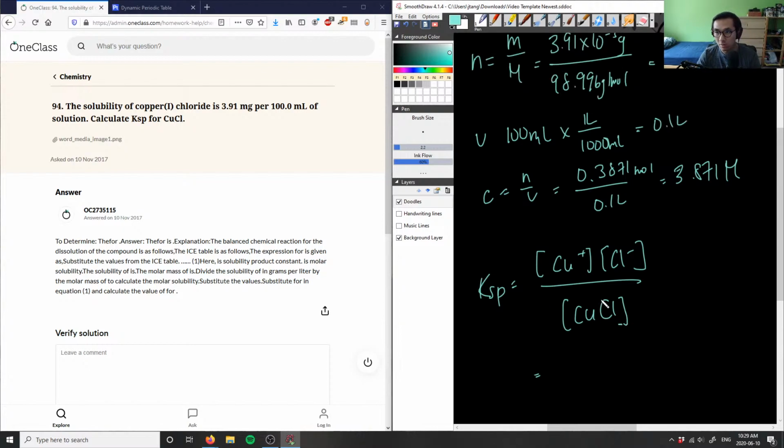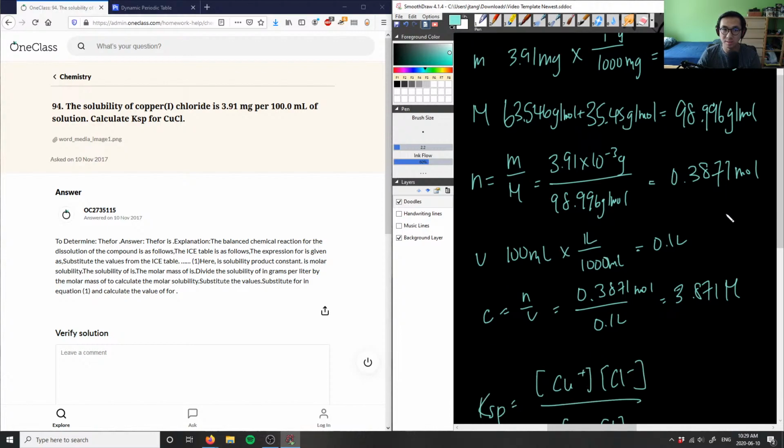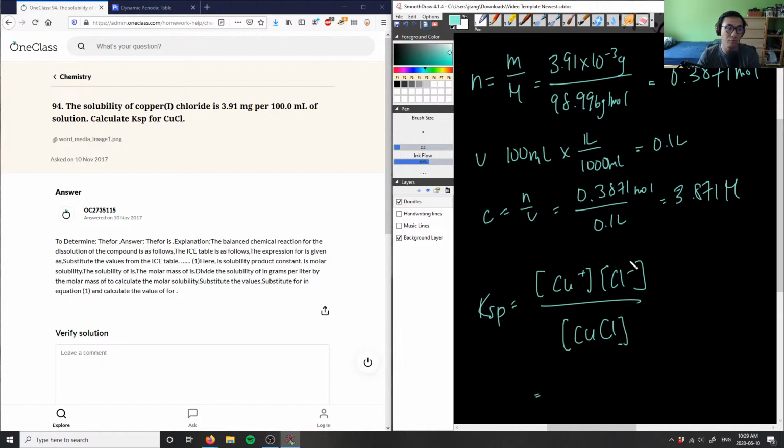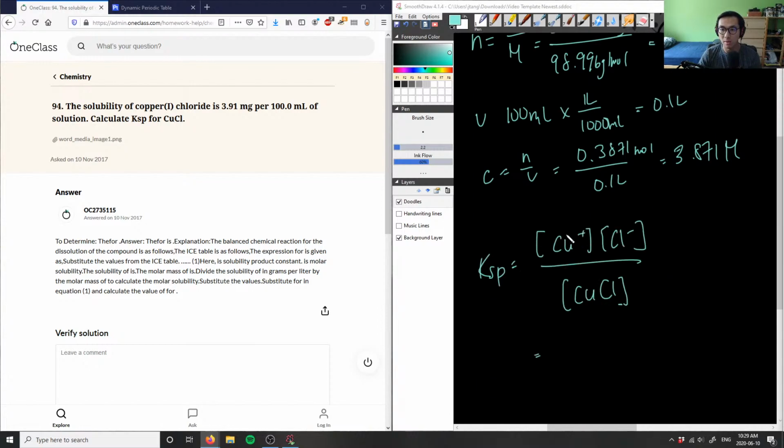Because the moles are going to be the same and there are no coefficients in front of the Cu plus and the Cl minus, these exponents are all going to be 1. So I can simply divide out the concentrations to figure out my KSP here. And this would give us our solution for this problem.